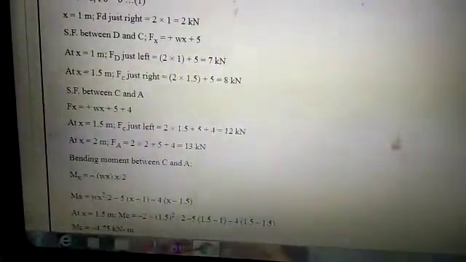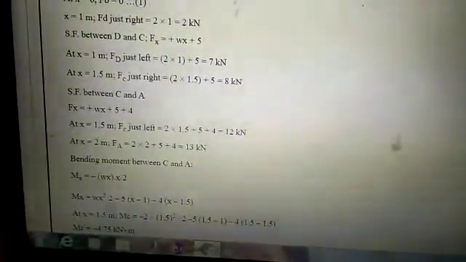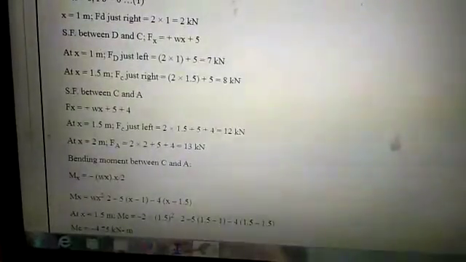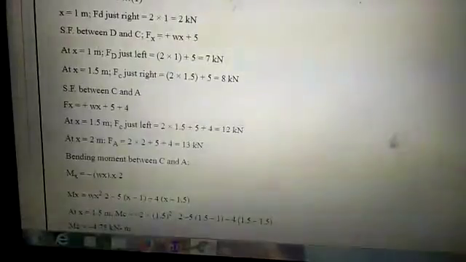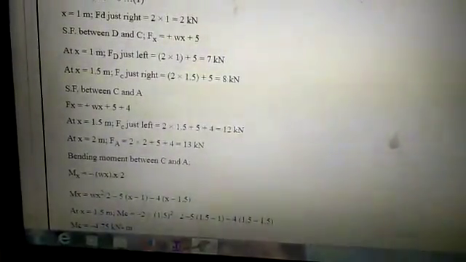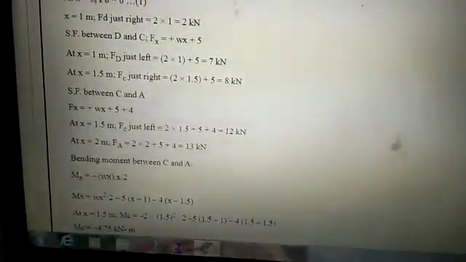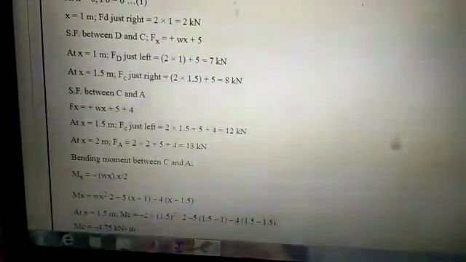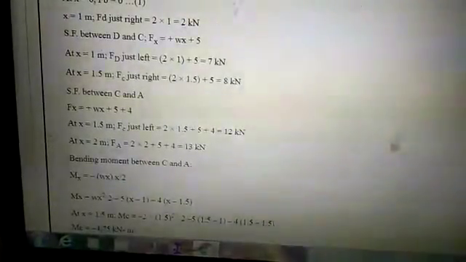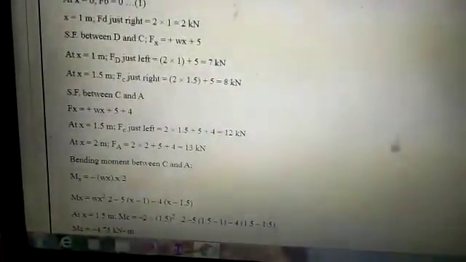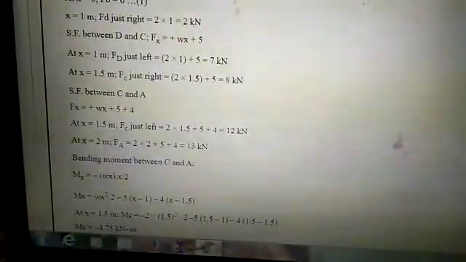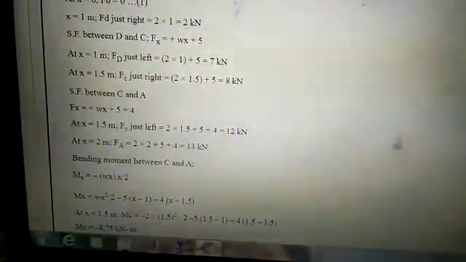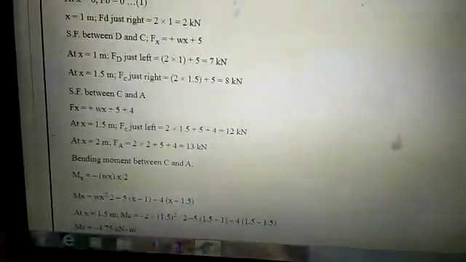Now we will find out shear force between C and A. Shear force at x distance will be Wx plus 5. 5 is our point load plus 4. 4 is also our point load. At a distance, if we consider x as 1.5, FC just left, it will be 2 into 1.5 plus 5 plus 4, they are the point loads, so it will be 12 kilonewton.